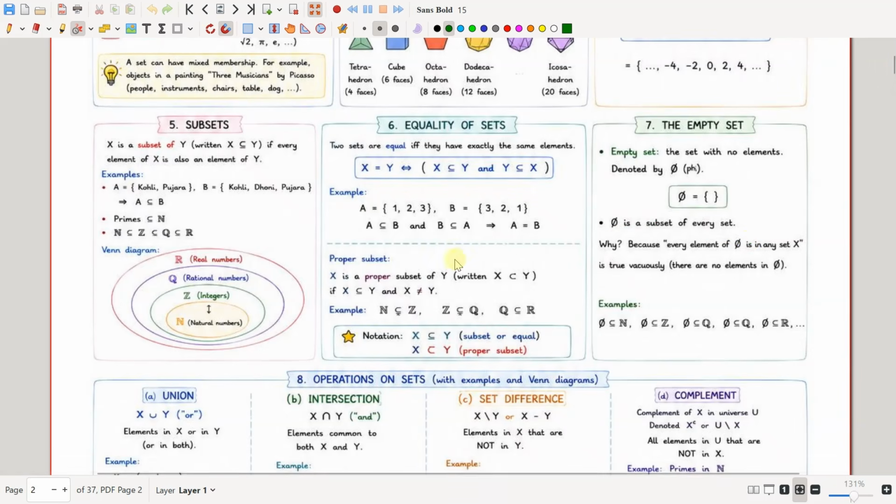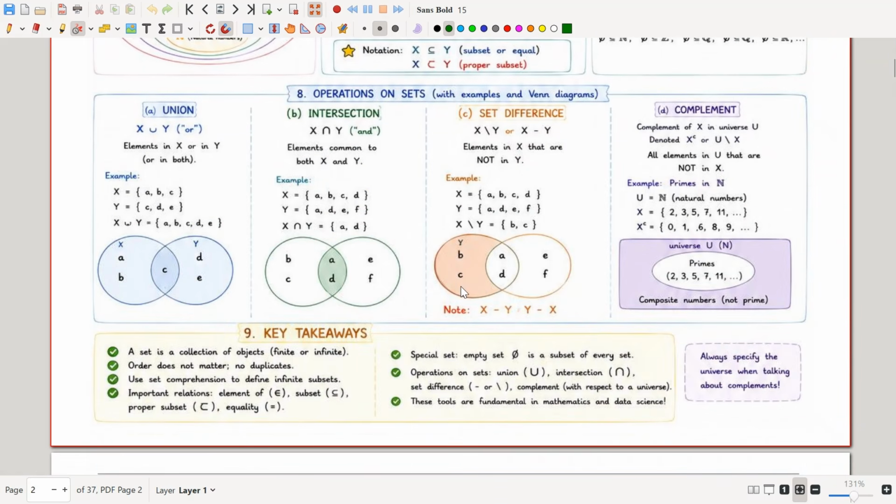Okay. Now let's discuss what are all the operations which are possible on these sets. First one is union. Okay, union means elements in X or in Y or in both. You can take the elements from X, or you can take all the elements from Y, or you can take from both also. See here, X is equal to {A, B, C}, Y is equal to {C, D, E}.